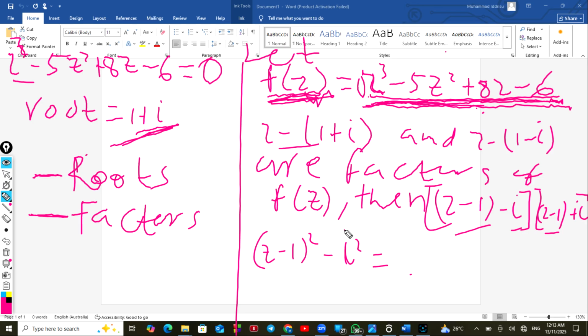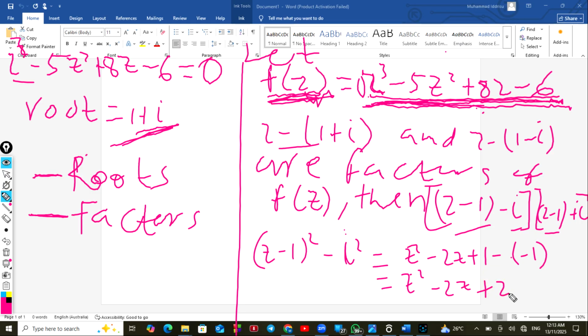So we have z squared minus 2z plus 1, minus negative 1. This will give us z squared minus 2z plus 1 plus 1, so plus 2.